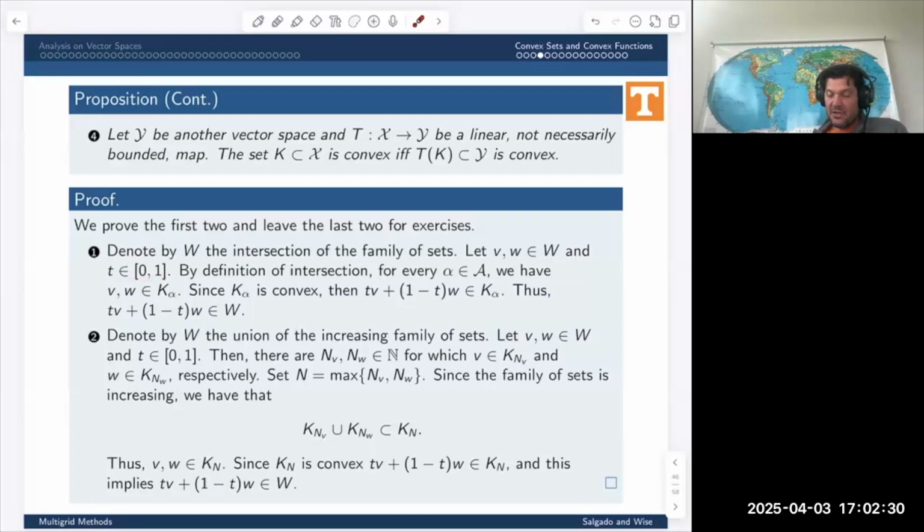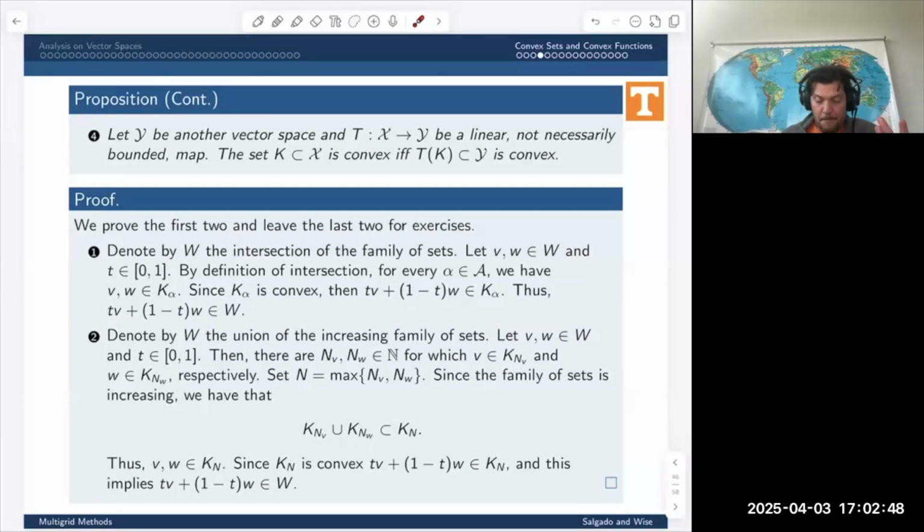Okay, so by the definition of intersection, for every alpha in A, we have V and W in K alpha, right? That's what it means to be in the intersection. V and W must have been in K alpha for every value of alpha.